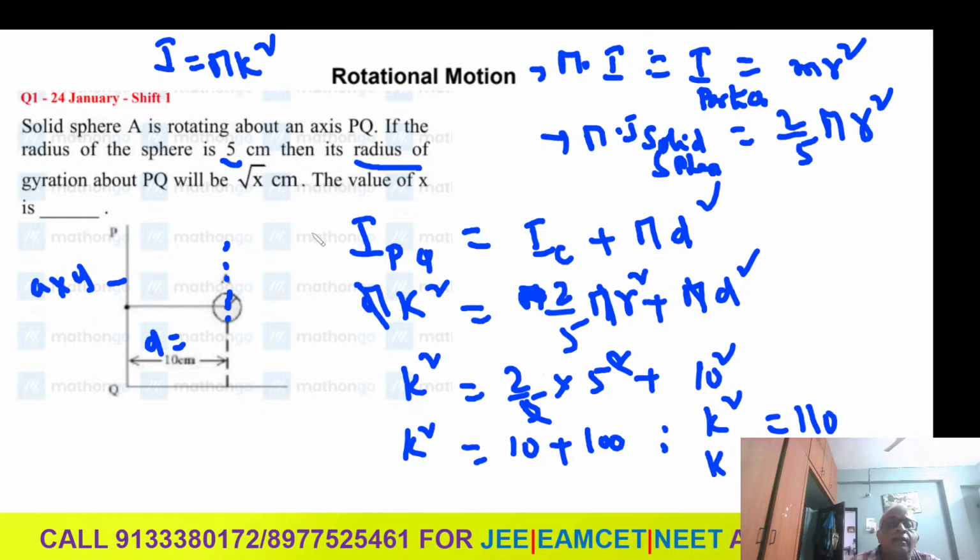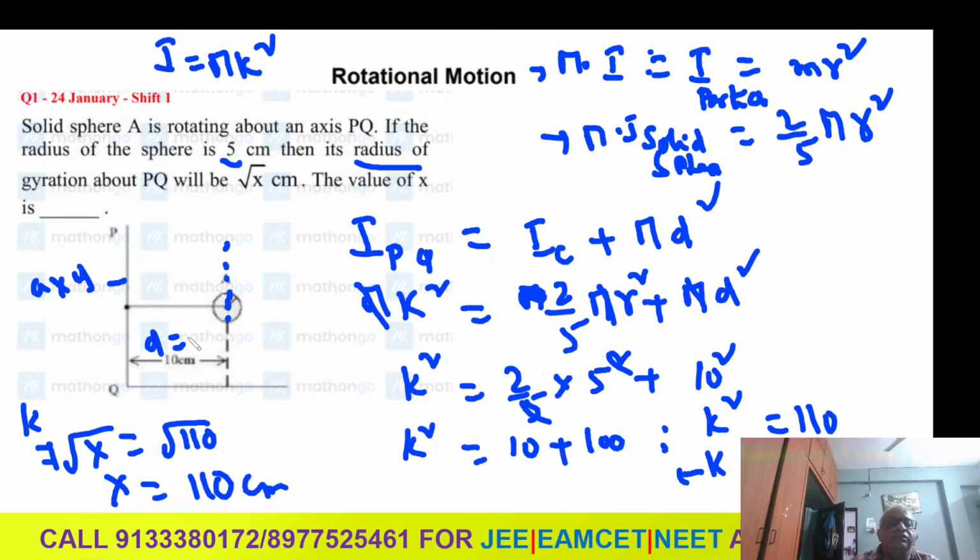He has given K as root x, so x is 110. The value of x is 110 centimeters. This is the radius of gyration.